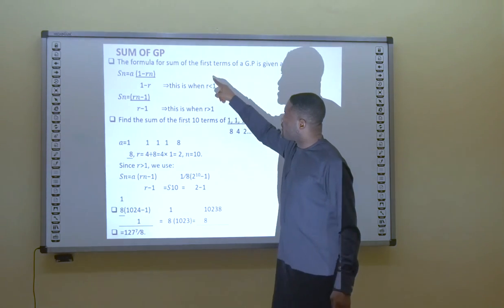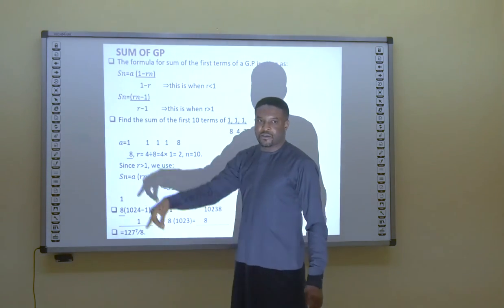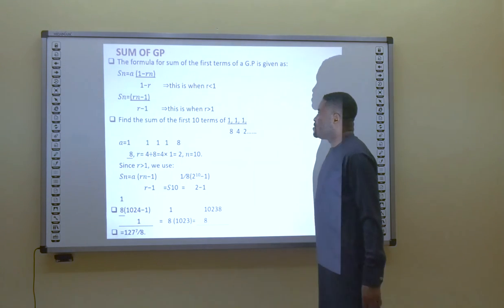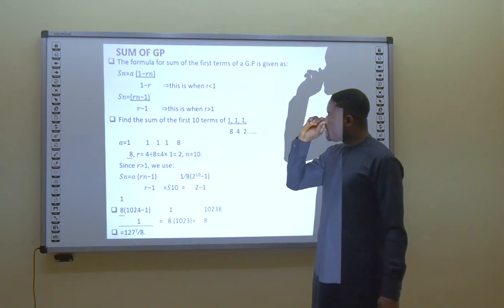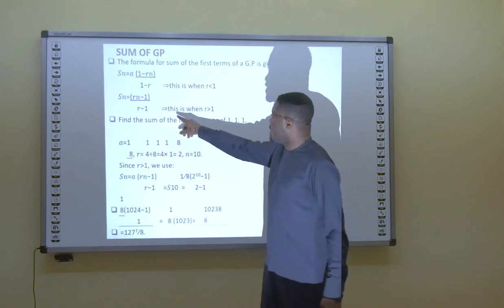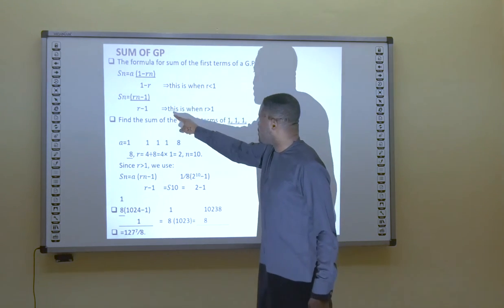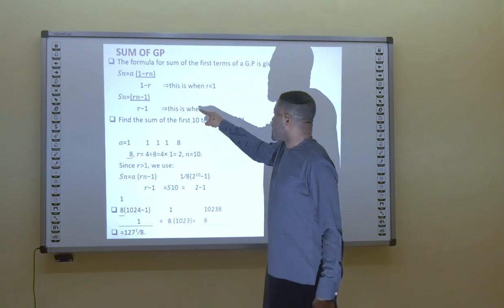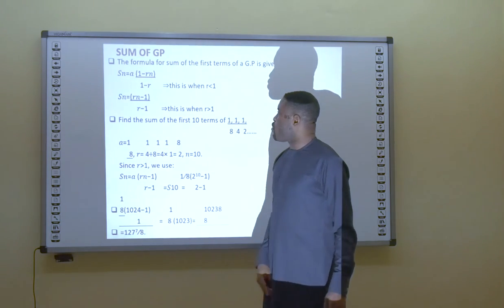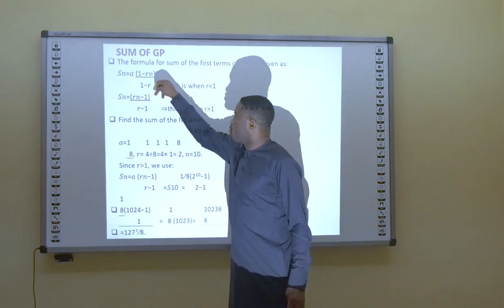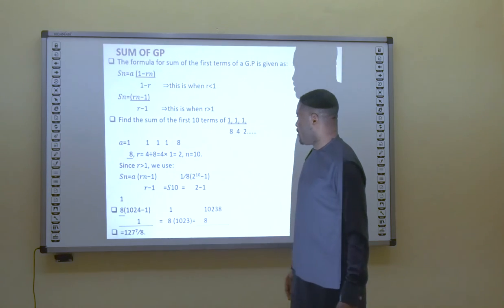So the rule here is that you make sure that your R is not equal to 1 for the progression to be okay. We also have another rule that applies when R is greater than 1, when you must have moved the sequence around.